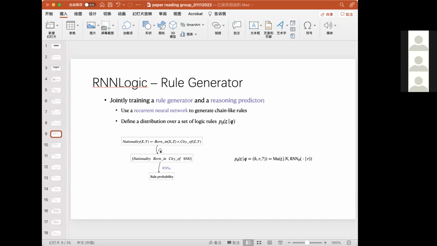Our goal is to answer the query: what is the nationality of X? The rule generator will try to generate a set of rules which can lead to the answer of the head relation, nationality.